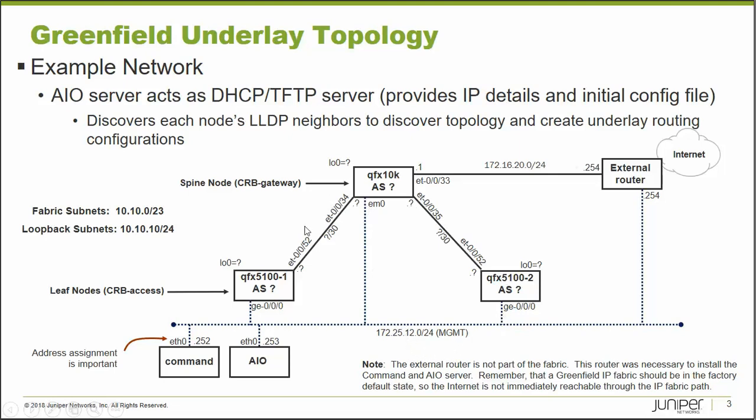If you happened, and I've had this happen, if I numbered the command or AIO server .1 or .2, the AIO server, just acting as a DHCP server, will first try to assign the .1 address to, say, this device, and then the device will figure out that that address won't work, and the AIO will have to reassign it an address.